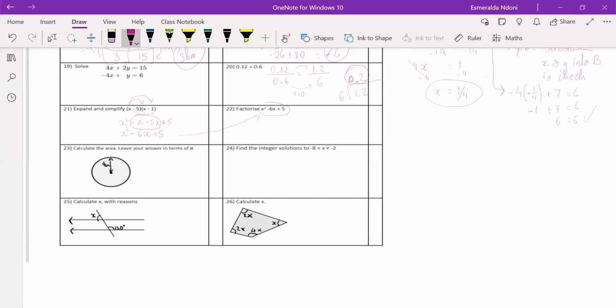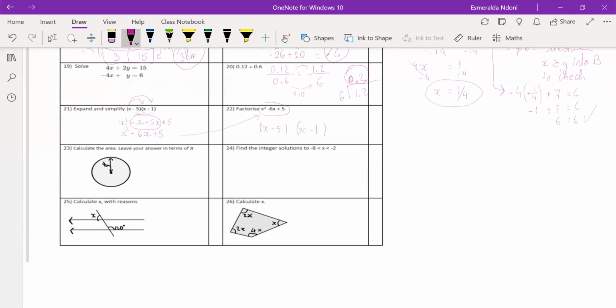So immediately you should have thought, okay, I am doing the opposite of what I did. So put the brackets in, and we had x minus 5 and x minus 1. Straight away, if you did it yourself, you should be able to tell that.